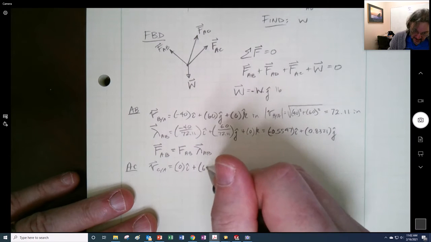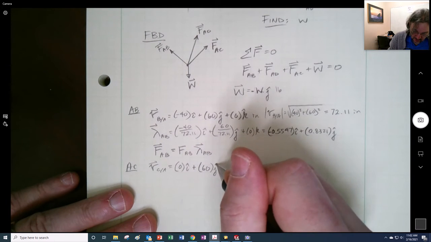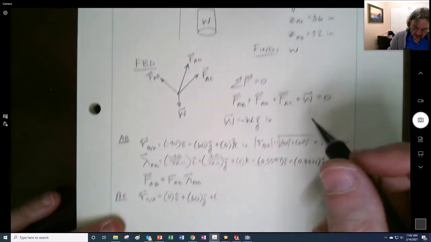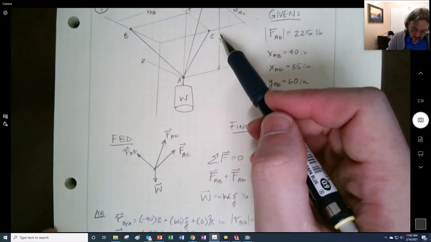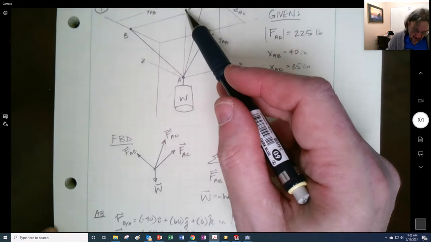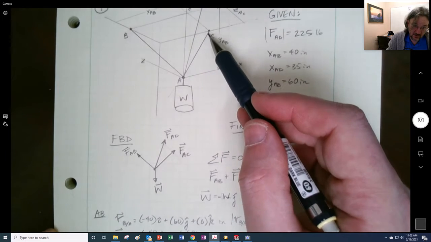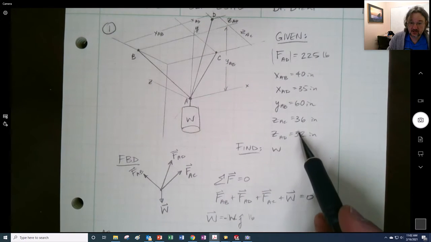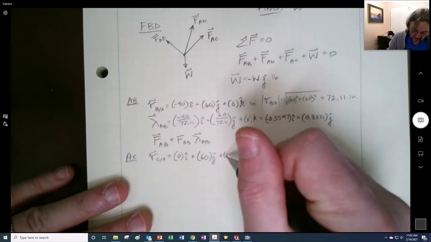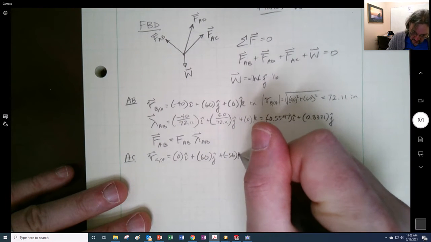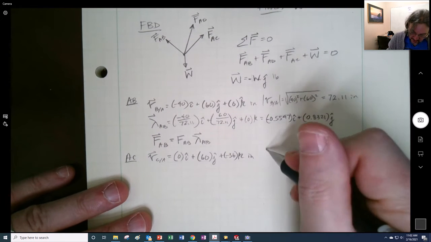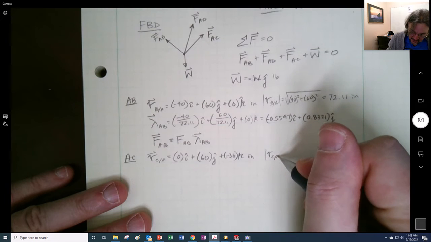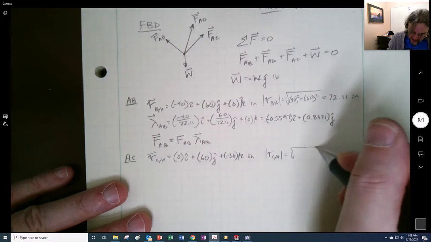It's still going the 60 inches upwards, right? And then in the Z direction, we're going to have negative, right? Because it's coming away from this, and it's going to be that AC. So it's going to be negative 36. Okay, and these are inches. So we can take our C with respect to A, get the magnitude of that.